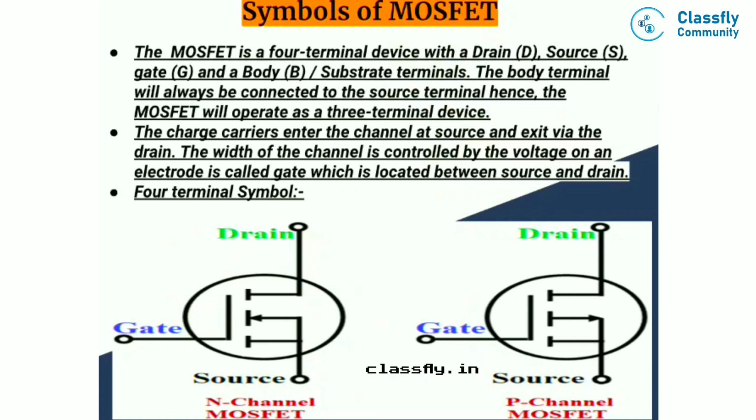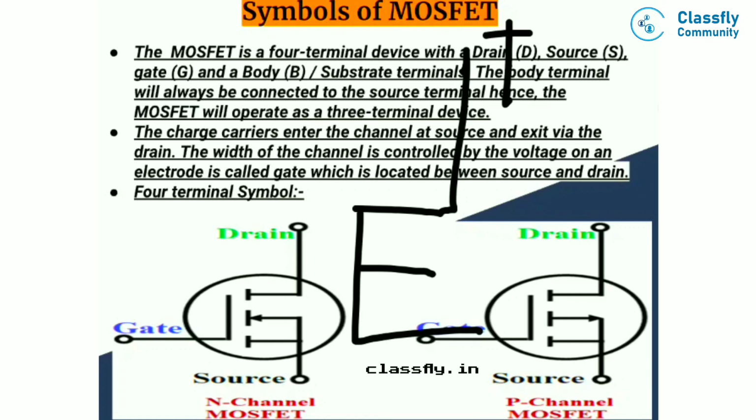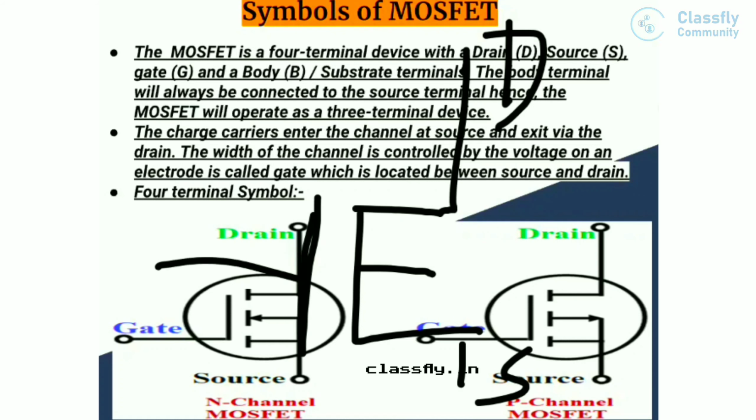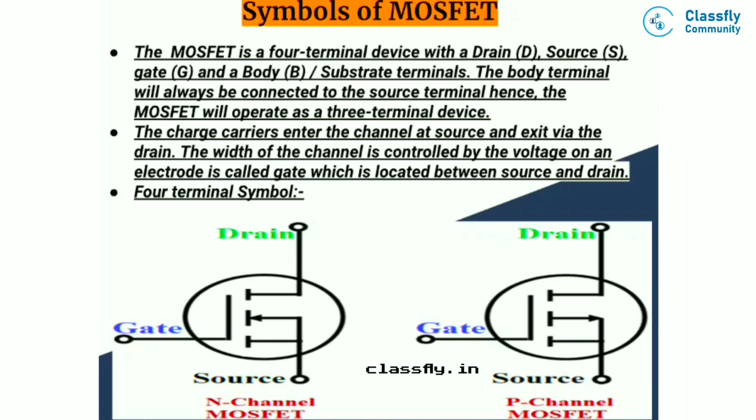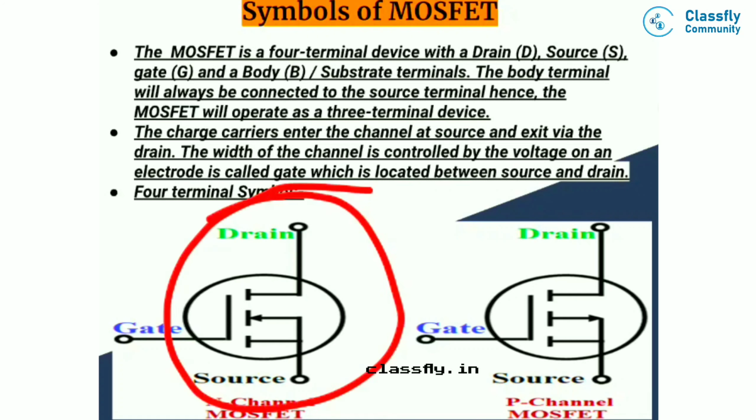Our P channel will be first an E. Similarly, this will be a drain, this will be our source, again one line, and this will be our gate. This substrate will be connected to the source. Here the arrow comes out. So the difference is this. I hope you understood both the N channel MOSFET and the P channel MOSFET for the 4 terminal symbol.